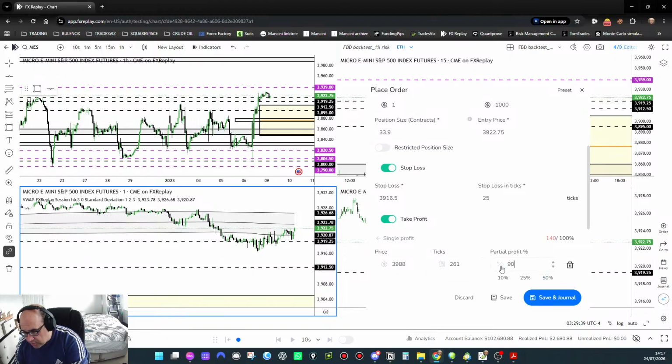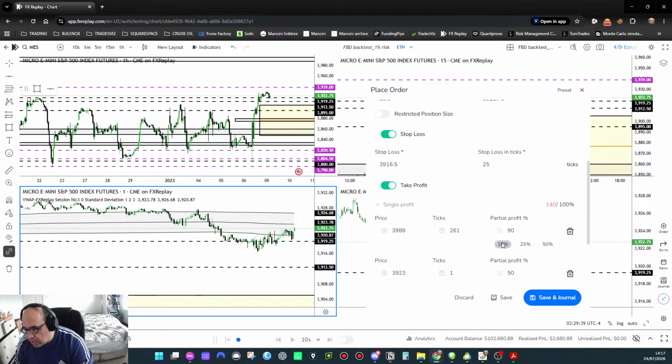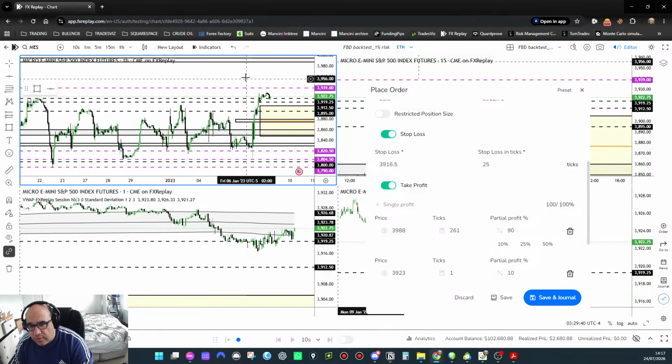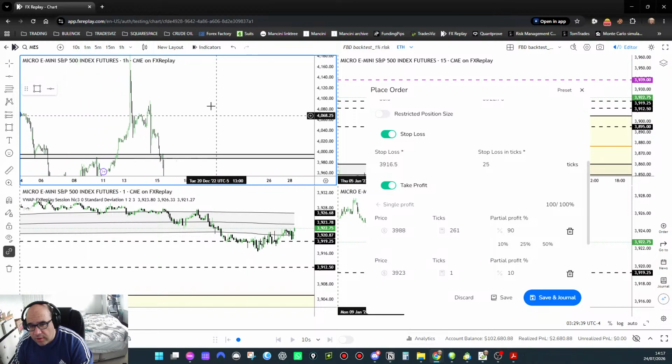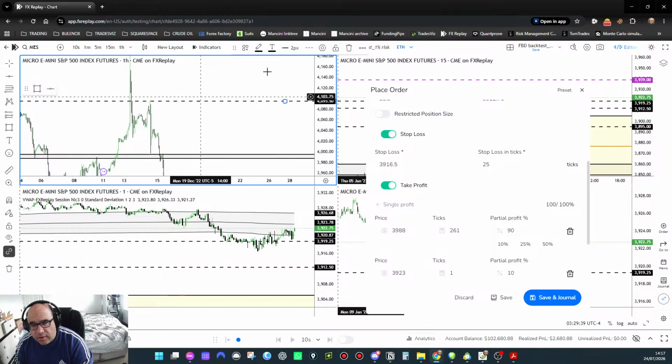Place a 90% there. Then we have the 10%, which we're gonna hold a bit above. Let's see if we have anything above. The next liquidity is, I'm gonna place here, so it's there.